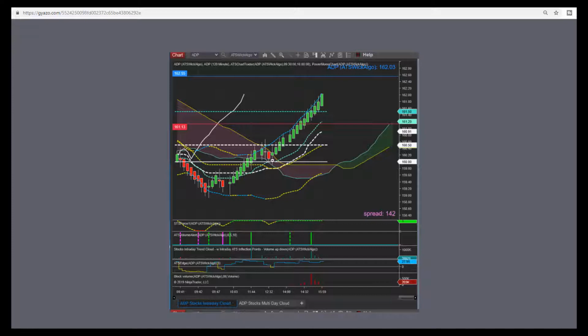As this pulled back, the twist happened right here on the way up. So you're right about here on the right side cloud. That's a bullish twist. You get the flag pattern in the cloud, and you hold an inflection point that is an intraday inflection point, but it carried over from the day before. Great setup. Paid off well. I actually traded this second trade on that particular day on that stock.